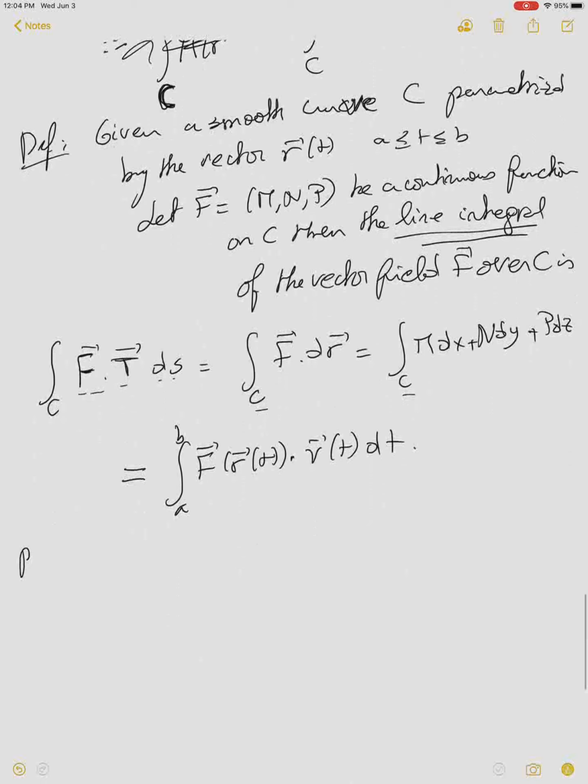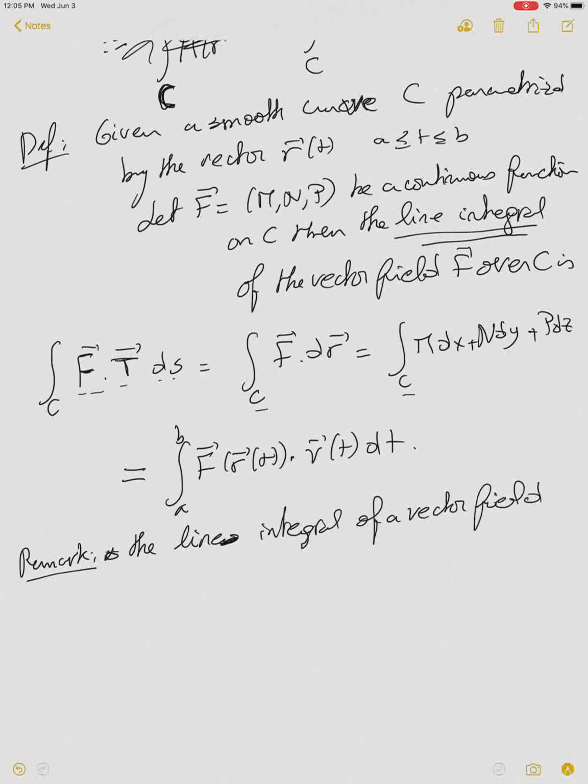But now let's put some remarks. First remark is that the line integral of a vector field over C is independent of the parameterization.